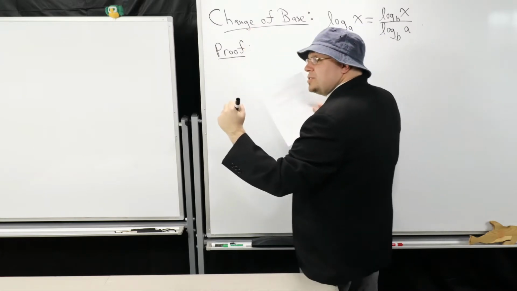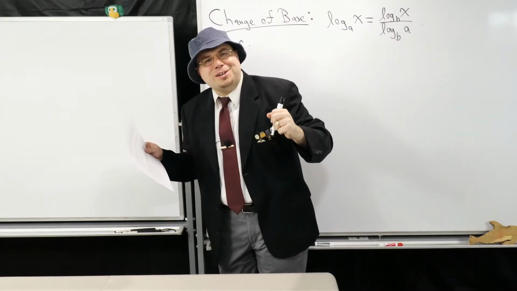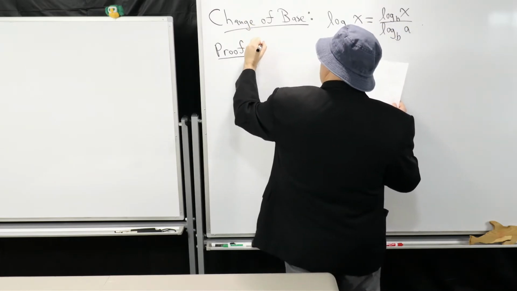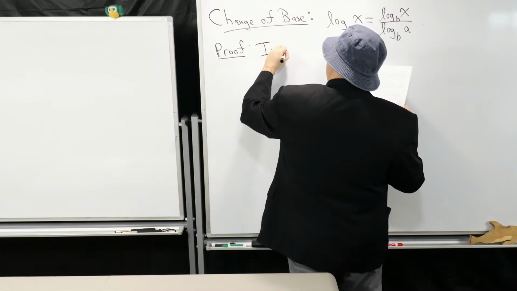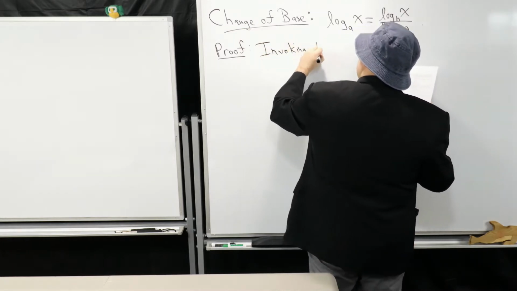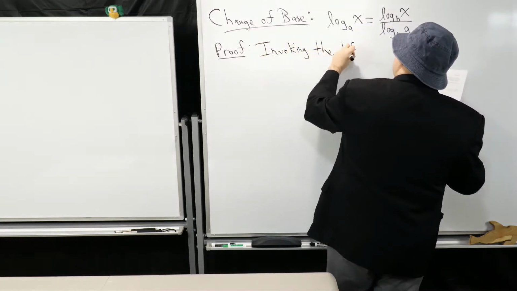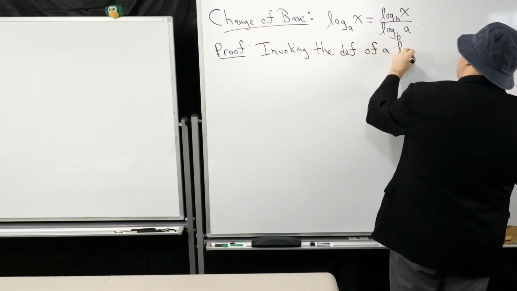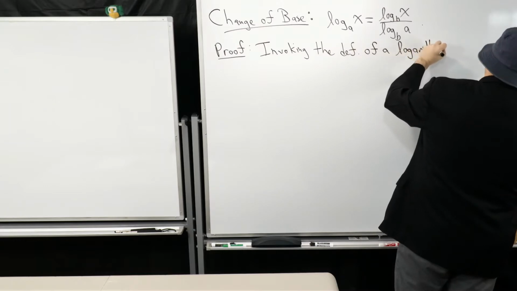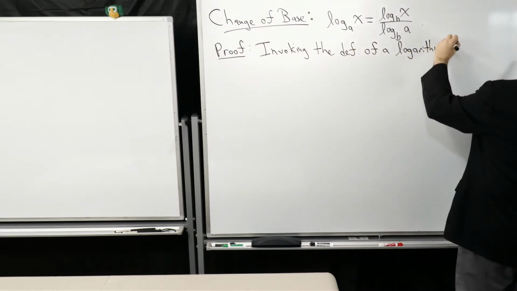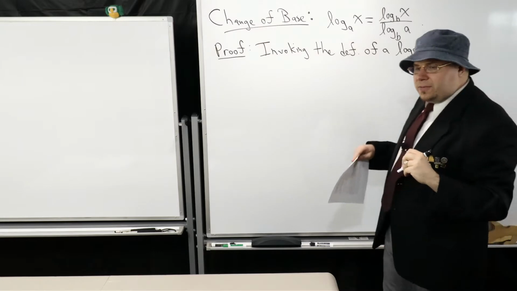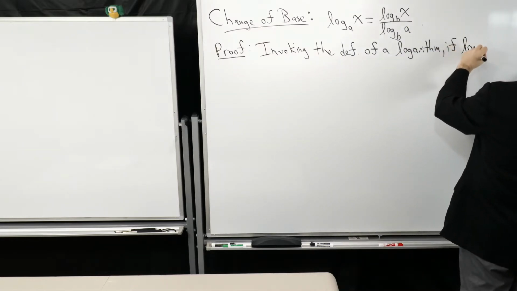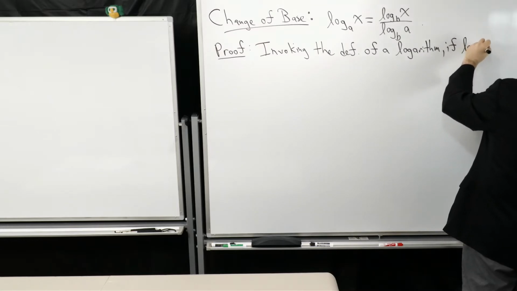What's the first thing I usually do? I try to invoke some definition, and then we see what we could do from there. So I'm going to say, invoking the definition of a logarithm, if log base a of x is equal to y.